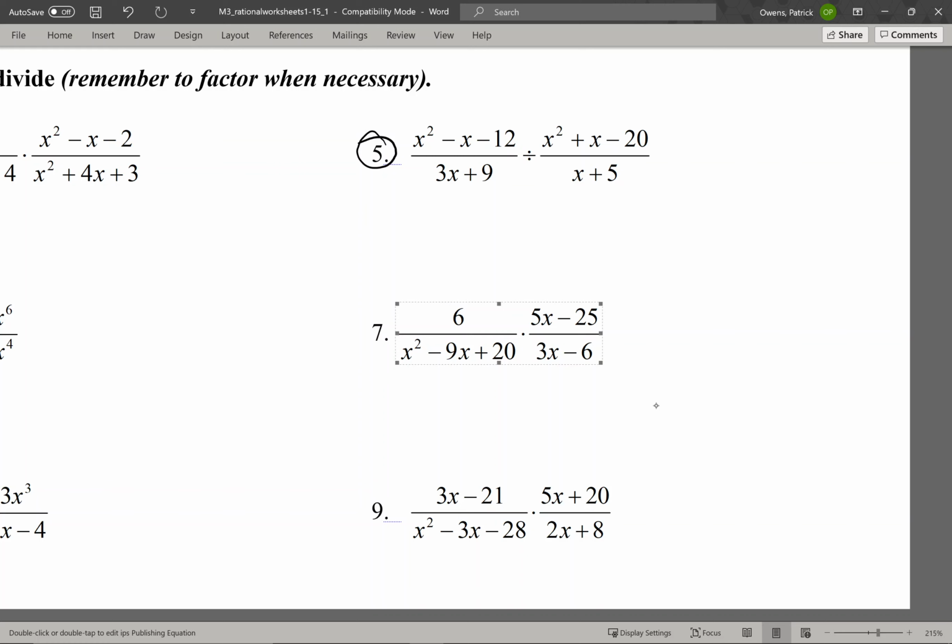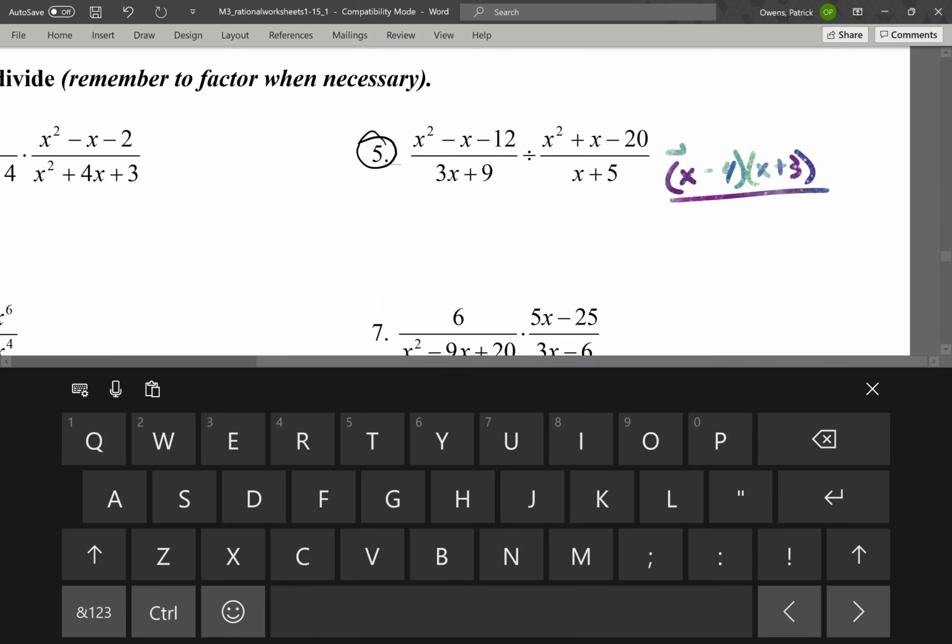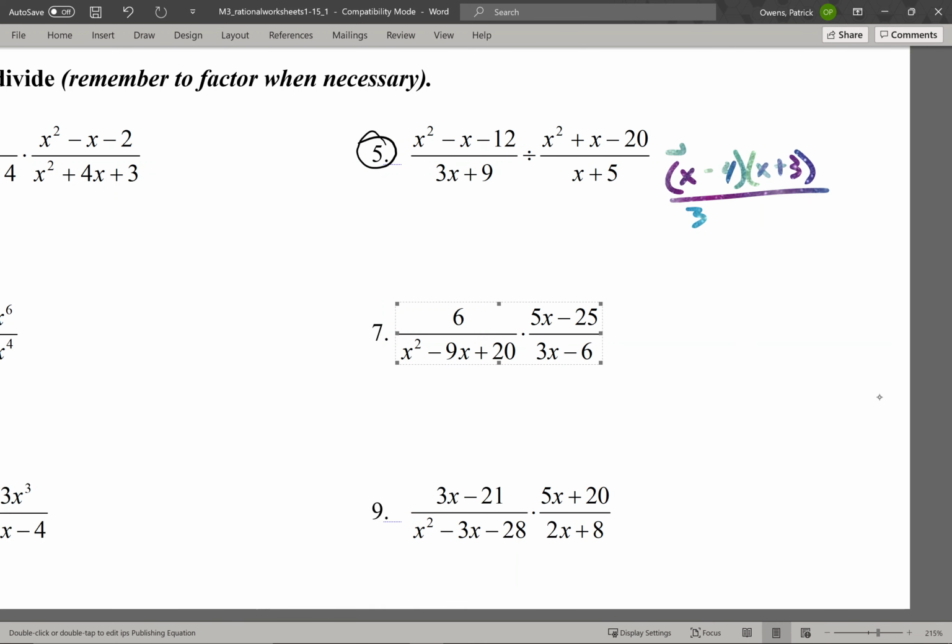So let's factor everybody while we're doing this. So we have the x squared minus x minus 12 factors to x minus 4 times x plus 3. And then the 3x minus 9 stays in the denominator, and we can factor out a 3. Then we have to multiply by the reciprocal of this denominator.